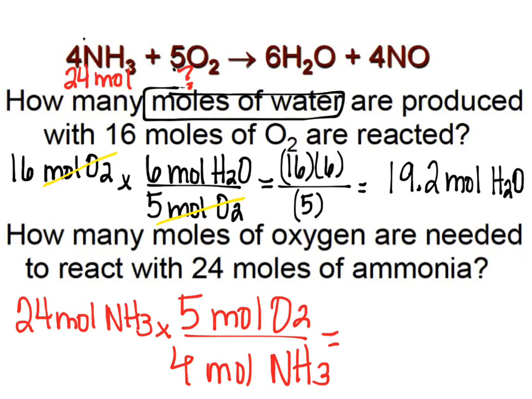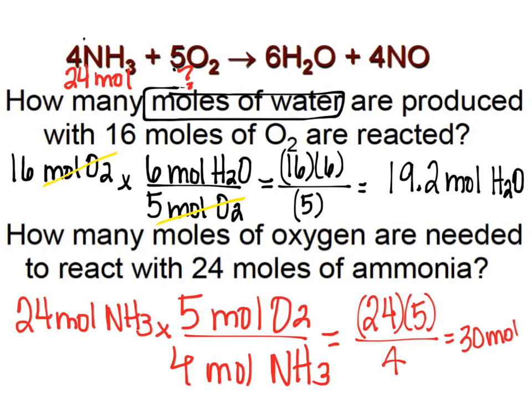And now we're ready to multiply and divide everything out. 24 times 5 over 4. 30? 30 what? 30 moles of oxygen.